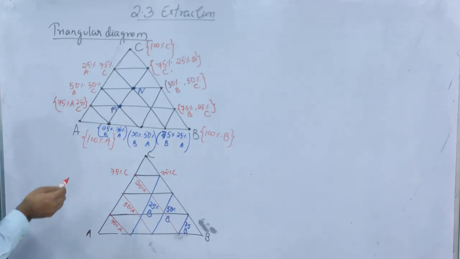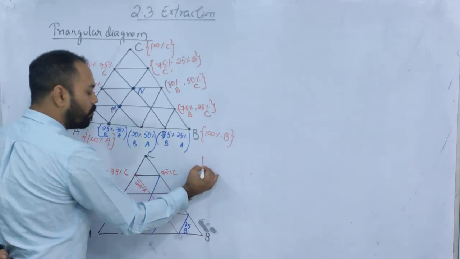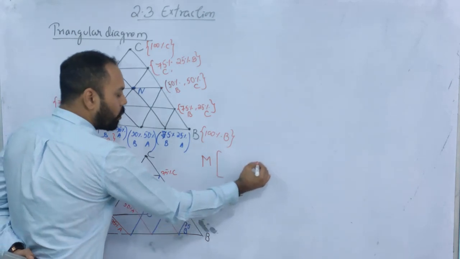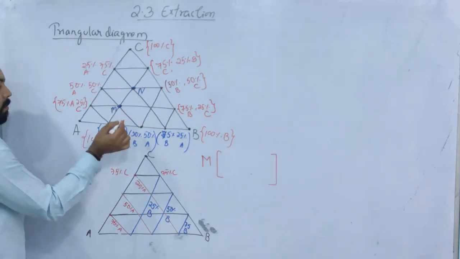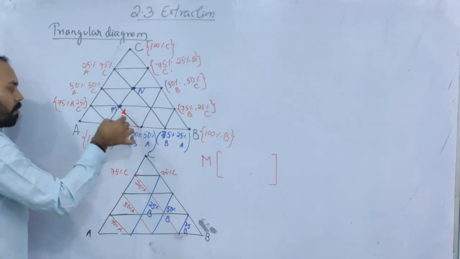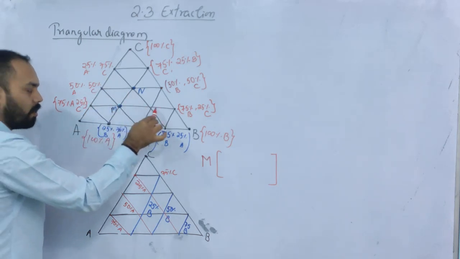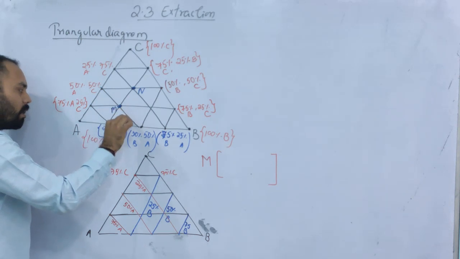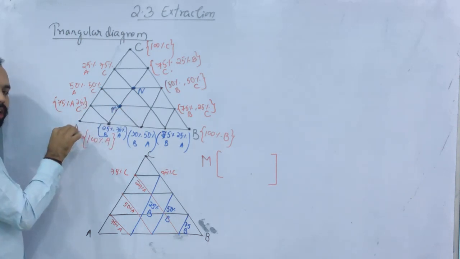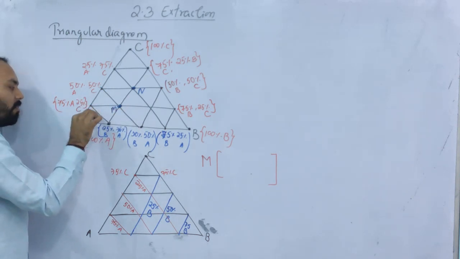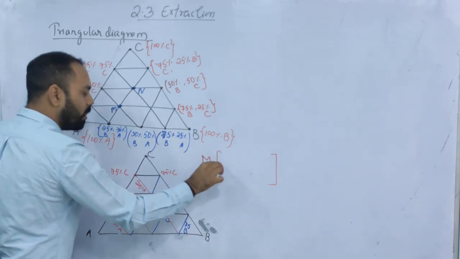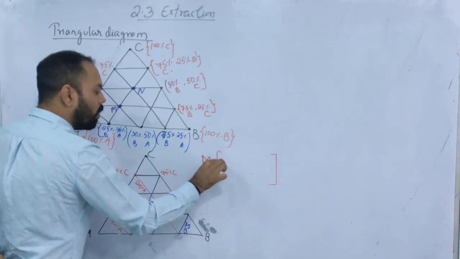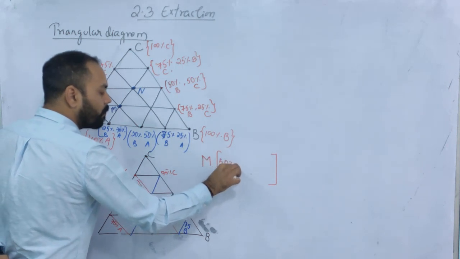So how to read it? Suppose I am writing the composition of point M. Now try to read by your own. Point M is the intersection of this line and this line. Now this line represents composition of A. This is 75% A along this line. This is 50% A. So it means that at the point M also, A must be 50%.